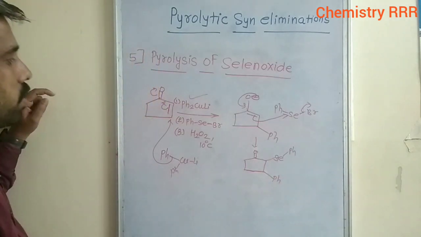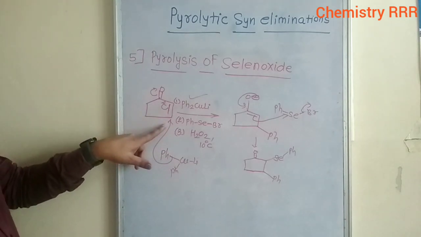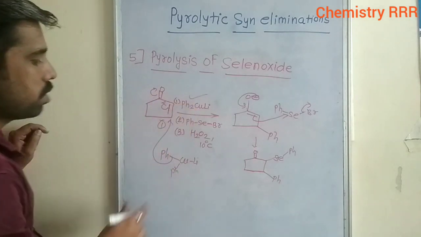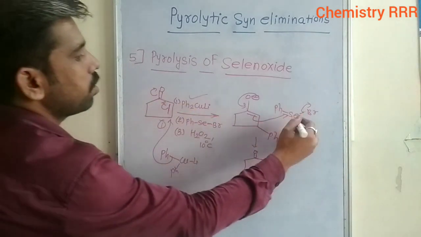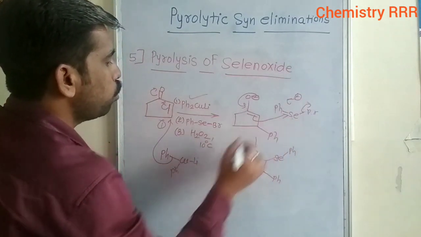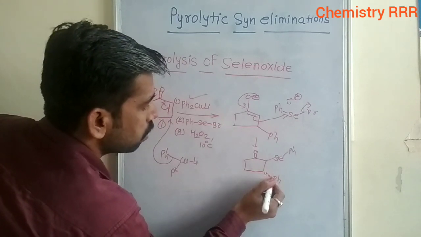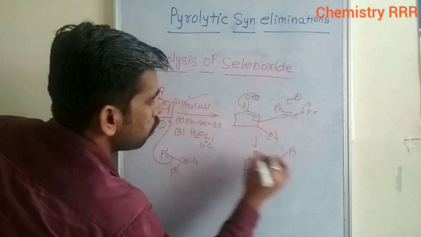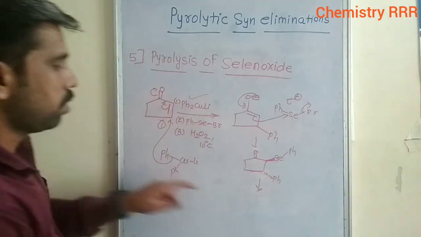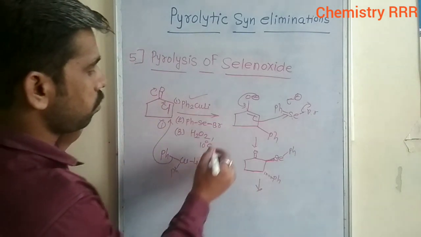Now remember one thing is that this group that is attack of the Gilman reagent and the second attack. Okay, this is the first attack of this Gilman reagent, and there is a second attack on the electrophile. Both the stereochemistry, suppose this attack on the downside, then this will be on the upside. Okay, remember this thing. Now our third condition is hydrogen peroxide and 10-degree temperature.